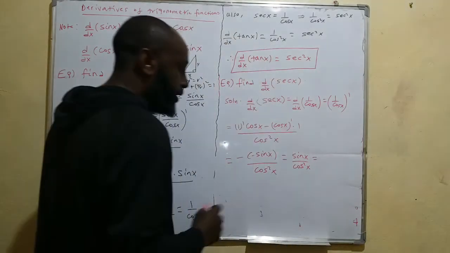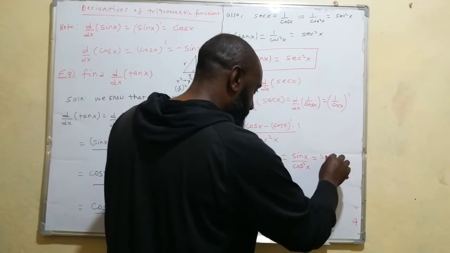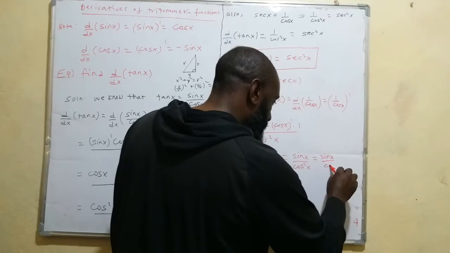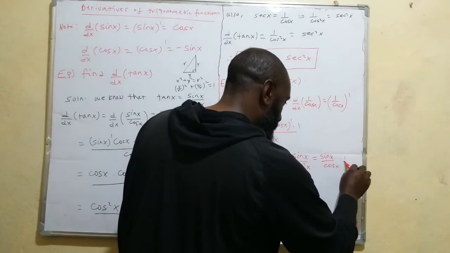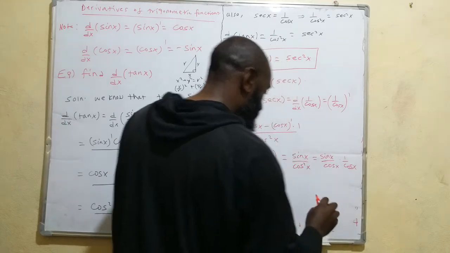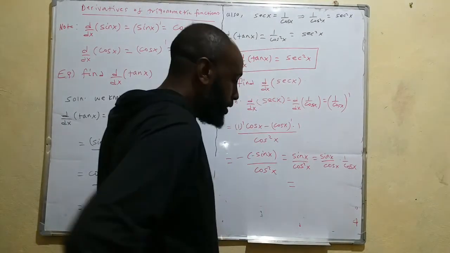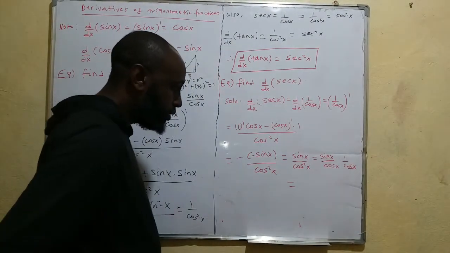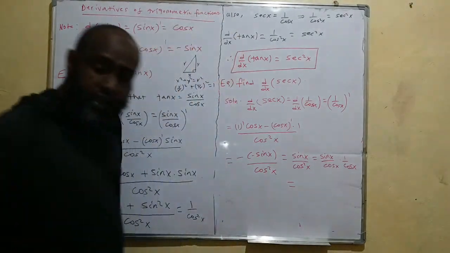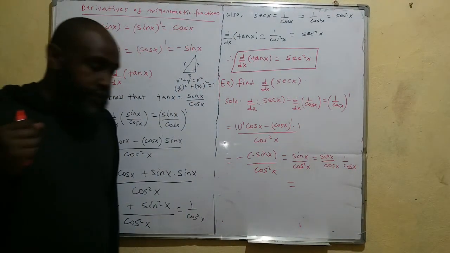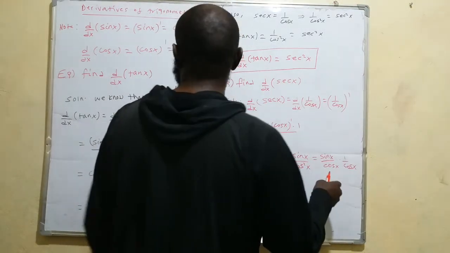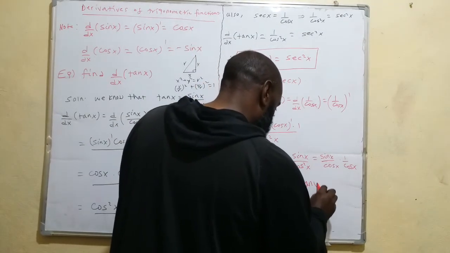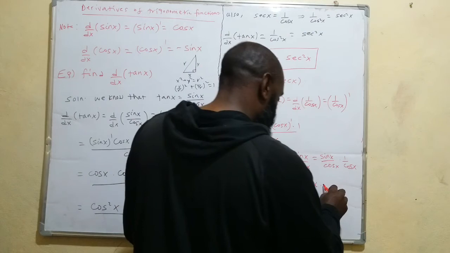So from here, let's write it like this. Sin x over cos square x means cos x times cos x. I have sin x over cos x times 1 over cos x. Sin x over cos x is tan x, times 1 over cos x, which is sec x itself.